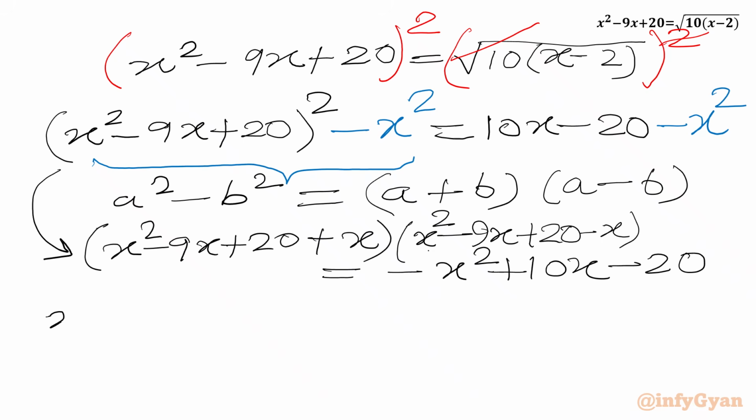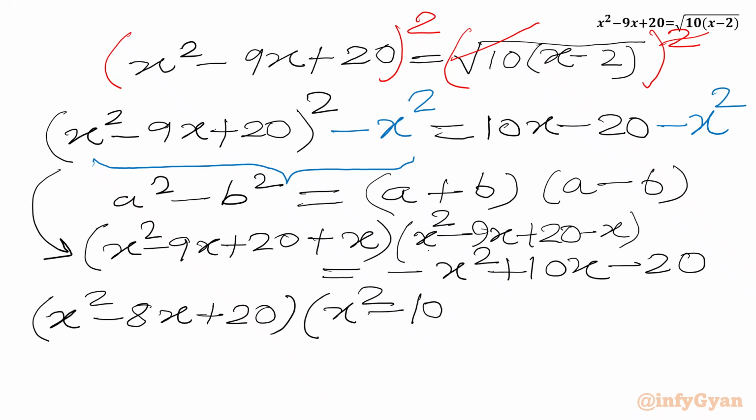Now we will simplify our LHS and we can write x squared minus 8x plus 20 times x squared minus 10x plus 20 equal to, we'll take minus common from the RHS. So minus times x squared minus 10x plus 20.